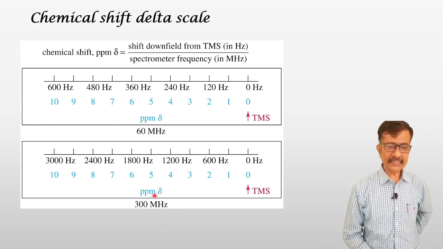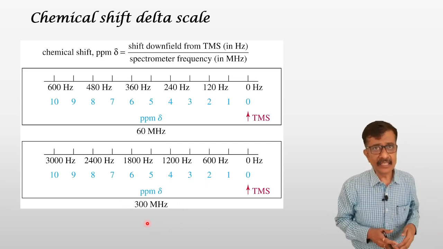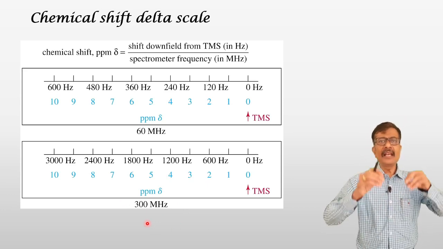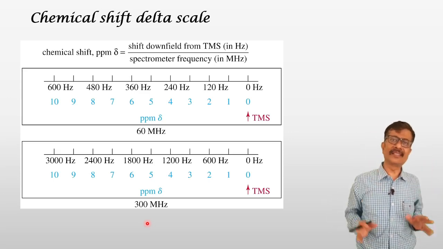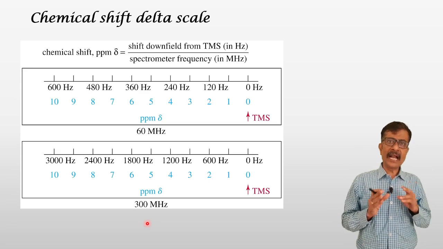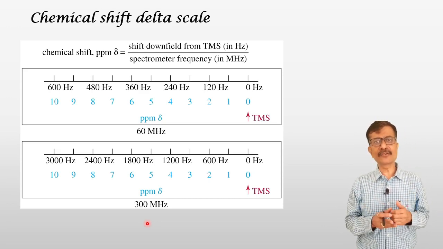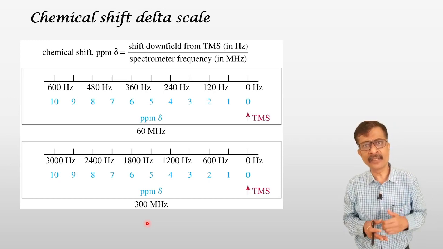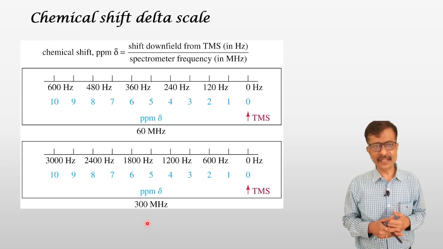300 megahertz is again a frequency of radio waves used in the instrument. In the instrument, the frequency of radio waves is kept constant. You must have heard of a 60 megahertz NMR instrument, 300 megahertz, 400 megahertz, or nowadays 600 megahertz NMR instrument.